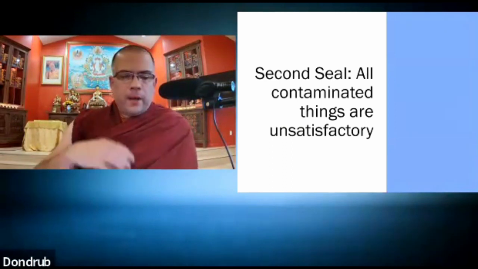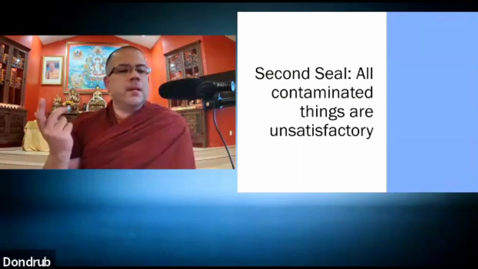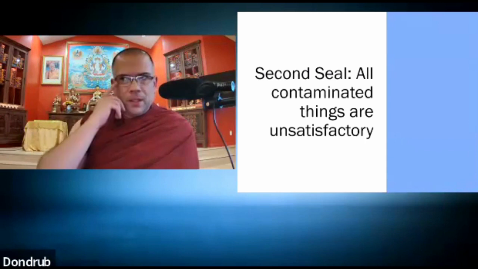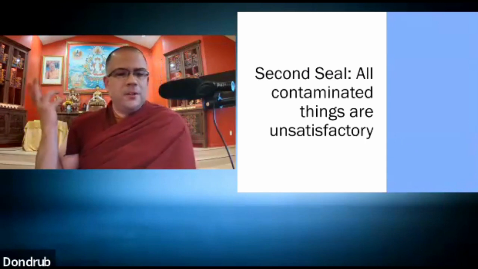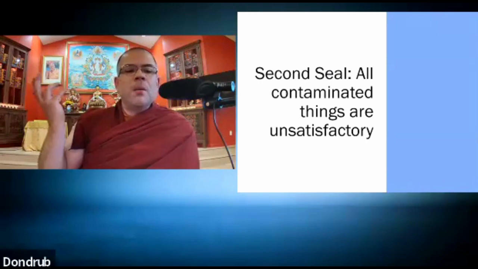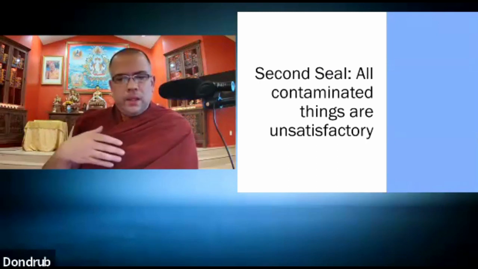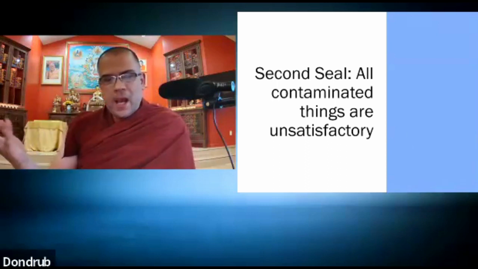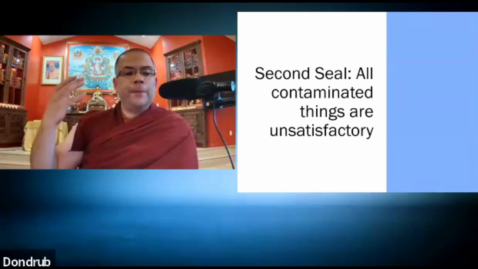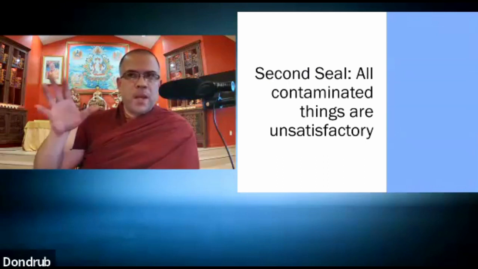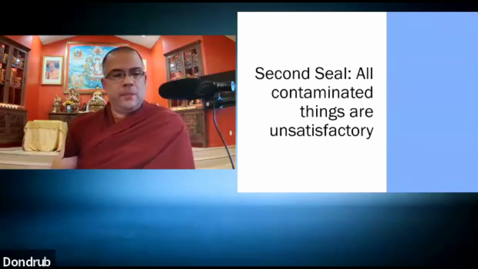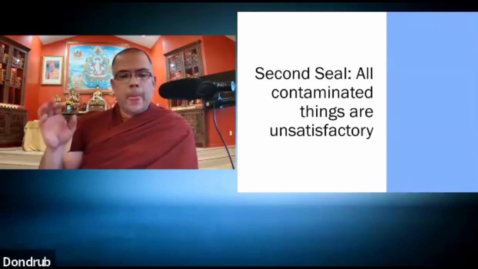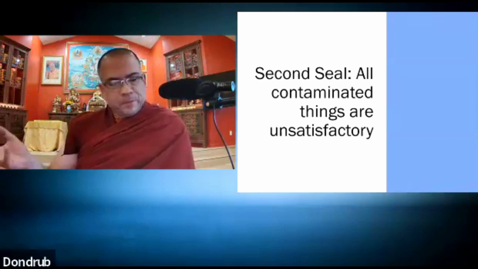So here again, we have to define contaminated thing and unsatisfactory. And contaminated thing, in English, seems like quite a harsh way of talking. But essentially what it means is that it has past karma and delusion as its origin. Anything that has past karma and delusion as its origin is a contaminated thing.